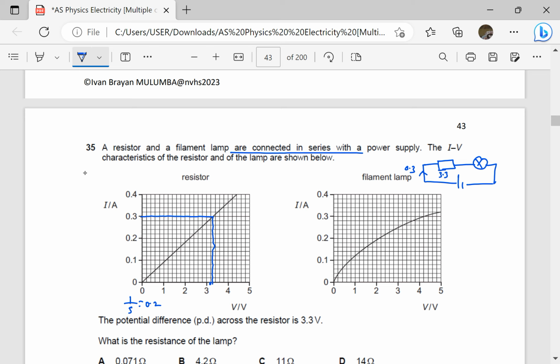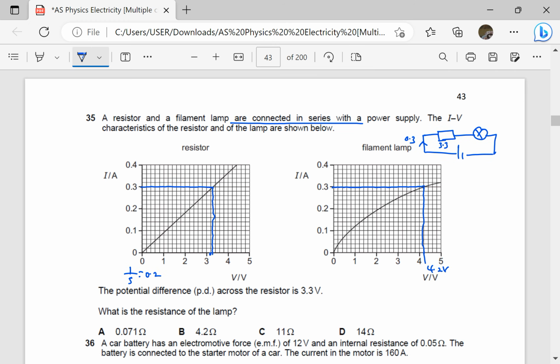So let's look for 0.3 current. A current of 0.3 gives us a PD across the lamp of 4.2 volts. So the question is, what is the resistance of the lamp?